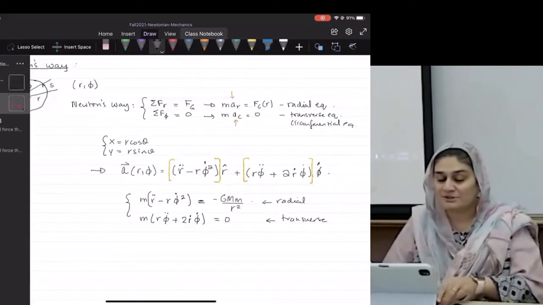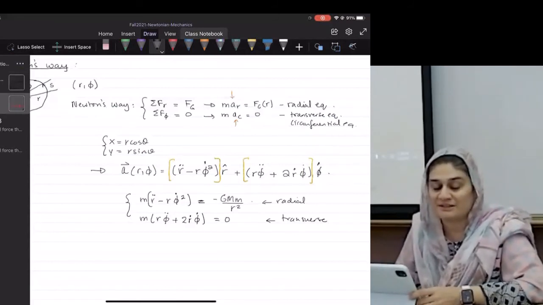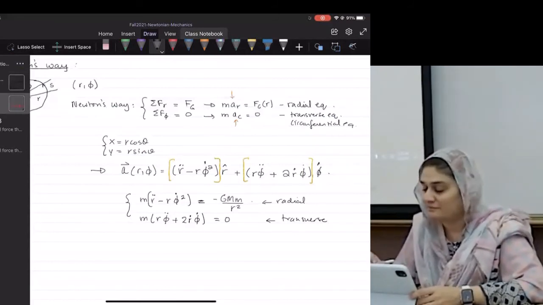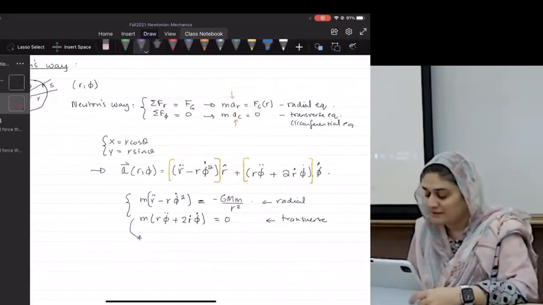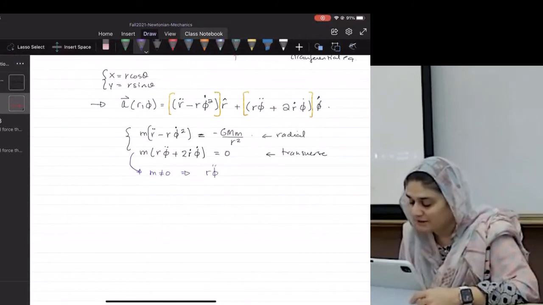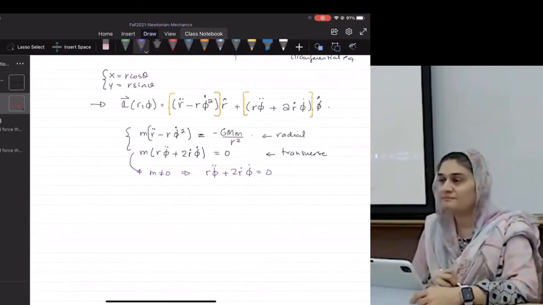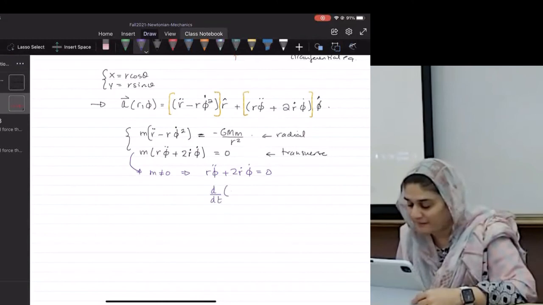Okay, I also want to show you something really cool. We can develop the second law from just this expression. You want to see how? This is fun, actually. If you take this expression, what does that mean? m cannot be 0, which implies r phi double dot plus 2 r dot phi dot must be 0. I'm going to tell you that if you open this expression, you will get that.